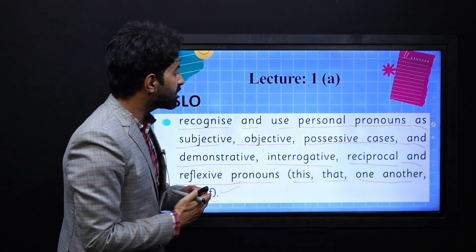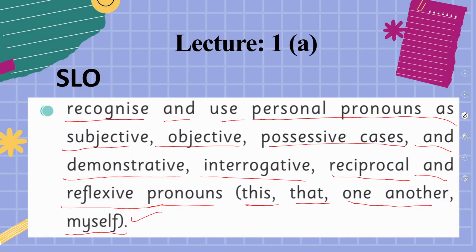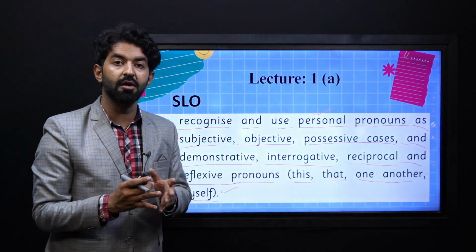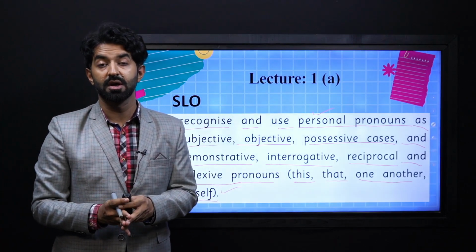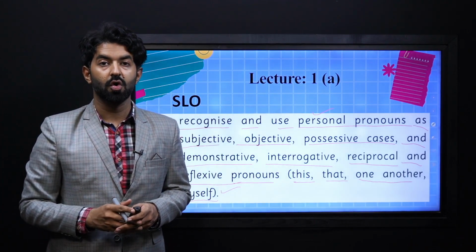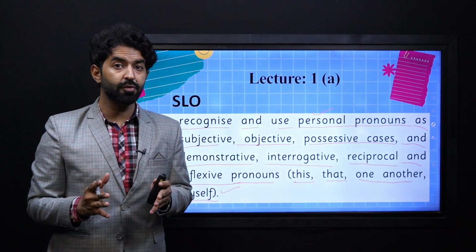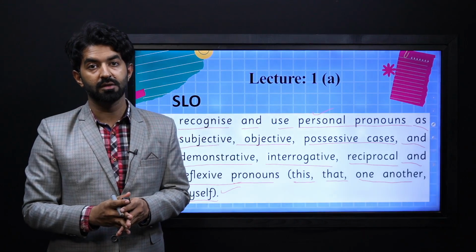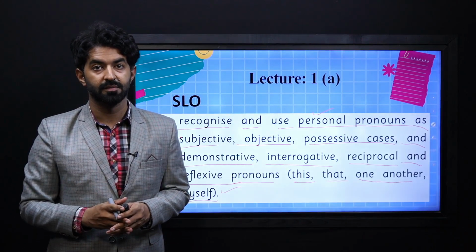Now, in this one, we will be dealing with personal pronouns as subjective, objective, and possessive. And the other part of the SLO will be covered in the next lecture, 1B. So, we will be talking about personal pronouns and specifically subjective, objective, and the possessive case.